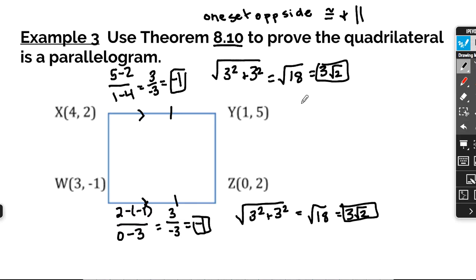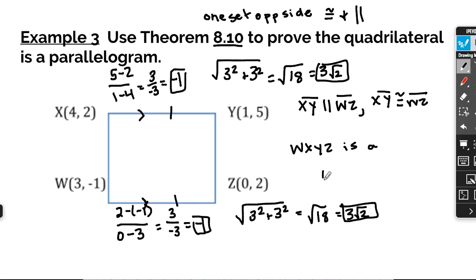Therefore, since XY is parallel to WZ and XY is congruent to WZ, by theorem 8.10, we can say WXYZ is a parallelogram. Of course, if this question had just said prove the quadrilateral is a parallelogram, we could have used a variety of methods. Since this one said 8.10, that's why we had to do this method.